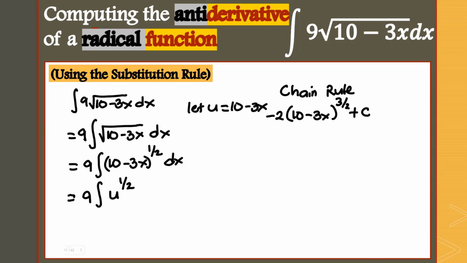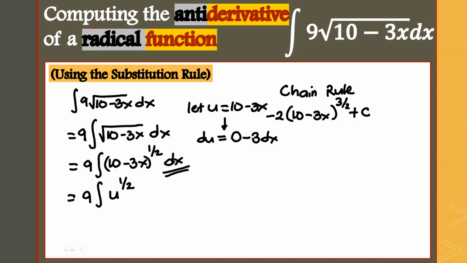But before we continue, take note that we are already using u here, so dx would be represented as du. We can get that by differentiating both sides of this equation with their respective variables. So du equals 10 becomes 0, of course, that's a constant, and minus 3x becomes minus 3 dx.